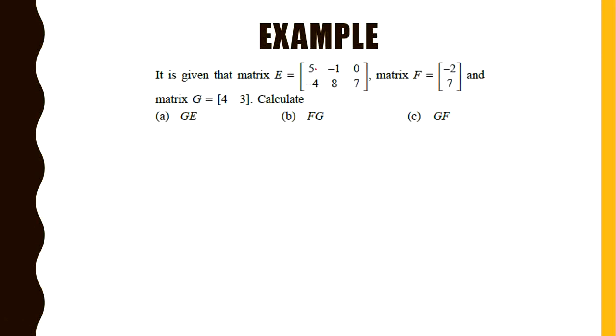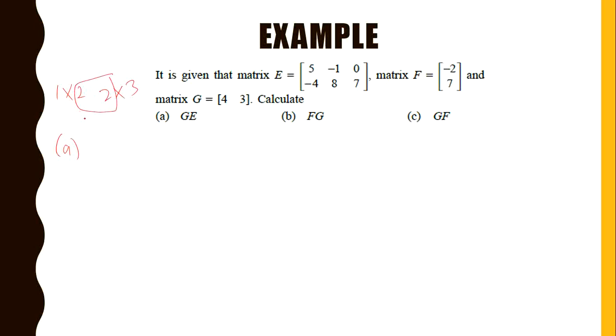Okay, next. It is given that matrix E, F and G. Okay, calculate GE. So, kita tengok. We have G is 1 by 2. Okay, and E is 2 by 3. Okay, so sama. Can be multiplied.